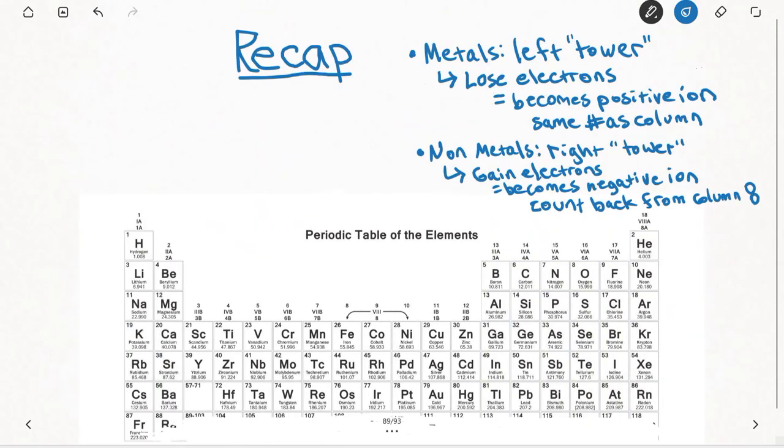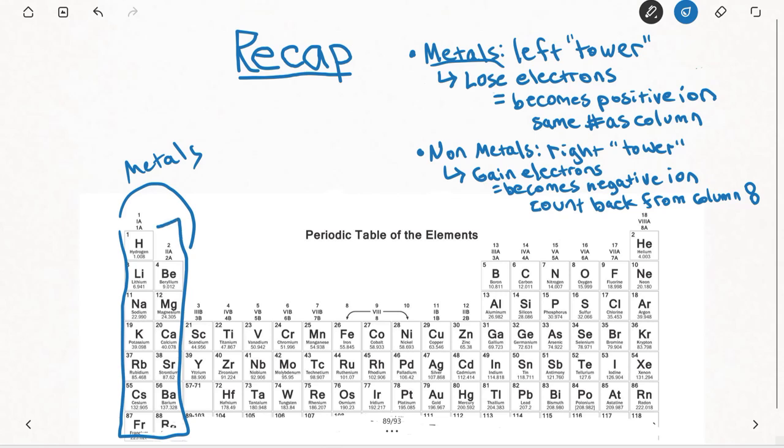So just to recap real quick, the metals, which are these 2 columns right here on the left, the left tower. You know how I was calling these the 2 towers? The metals are the left tower. They lose electrons, and the number of electrons that they lose is the same as whatever column they're in. So this is column 1, this is column 2. That makes it a positive ion with a charge the same number as the column it's in.